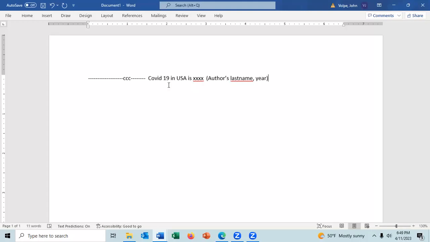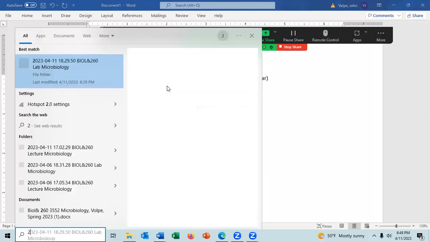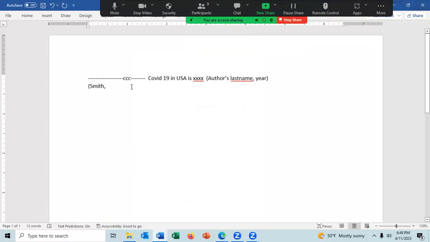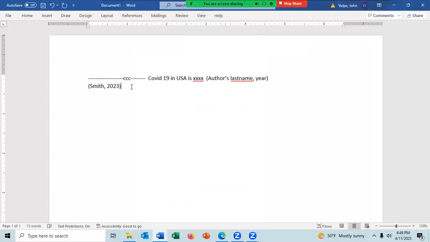So an example of that would be Smith, in parentheses, Smith, 2023, because obviously you're giving the COVID-19.